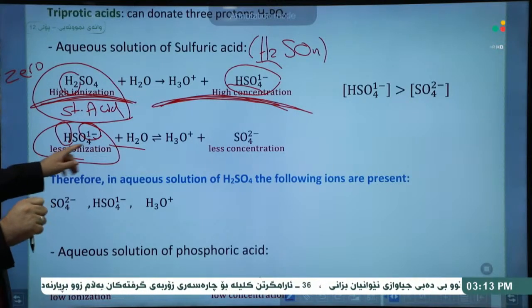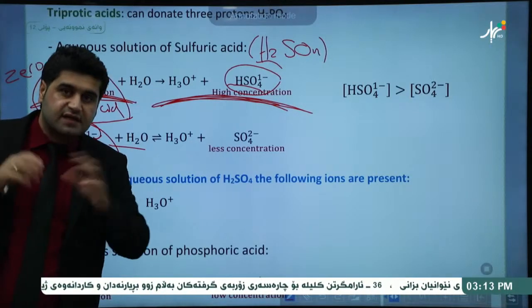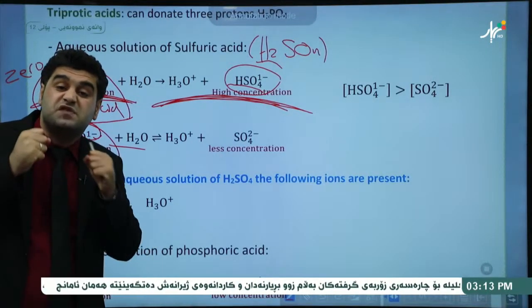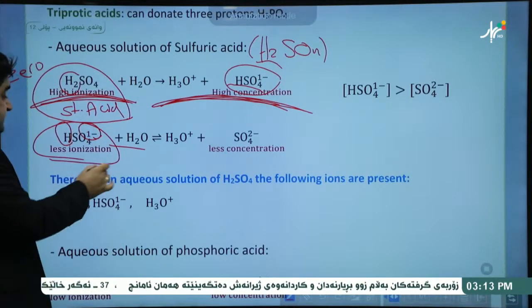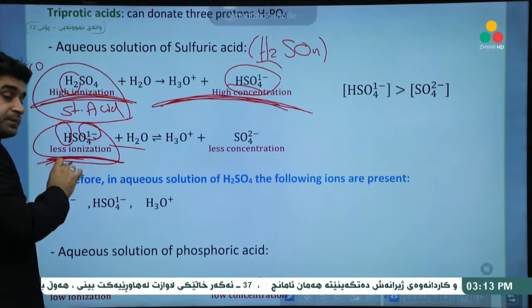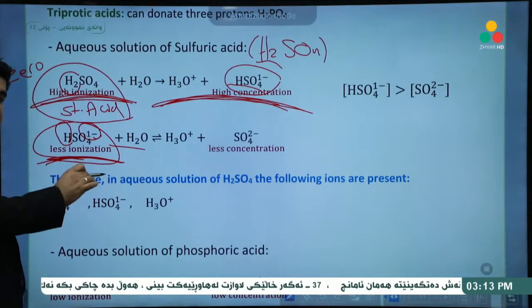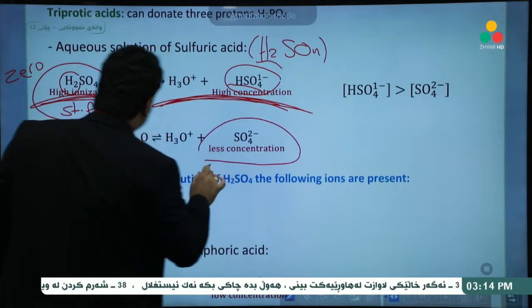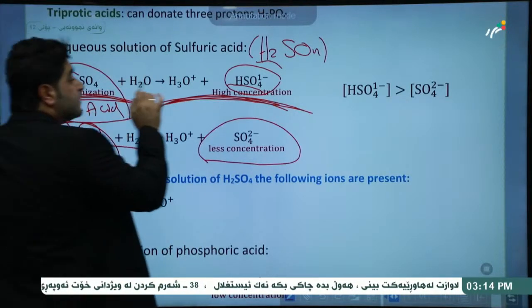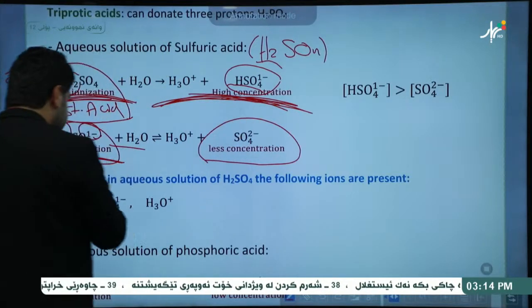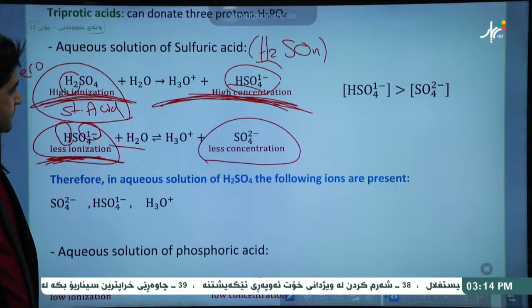In the second step, it's an anion, so releasing a plus from that anion is too difficult. That's why it's less ionization. The product of the less ionization contains less concentration. High ionization, high concentration. Less ionization, less concentration.